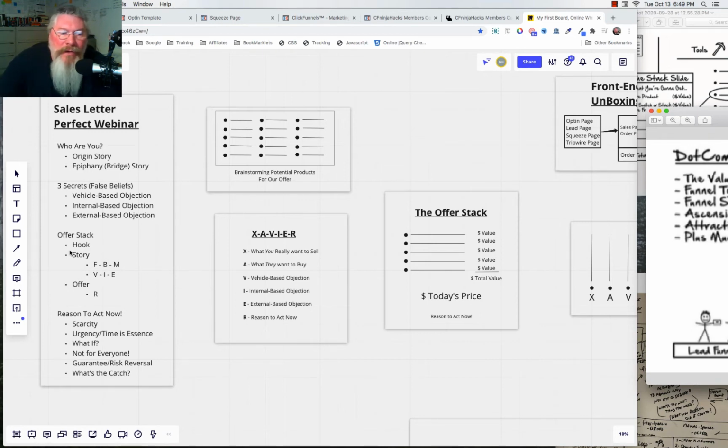But part of the story always has to be FBM, which is feature, benefit, and meaning. So here is a feature about your vehicle. Here is something concrete that we can say about this restaurant that we're going to put people into. Here is something we can say about this pizza. Well, what's the benefit of that?